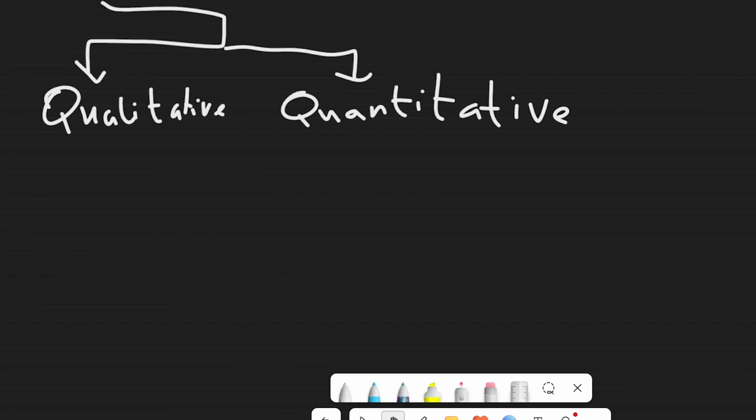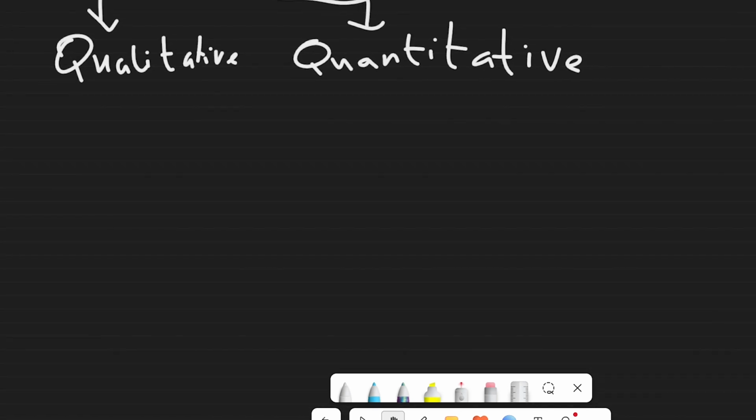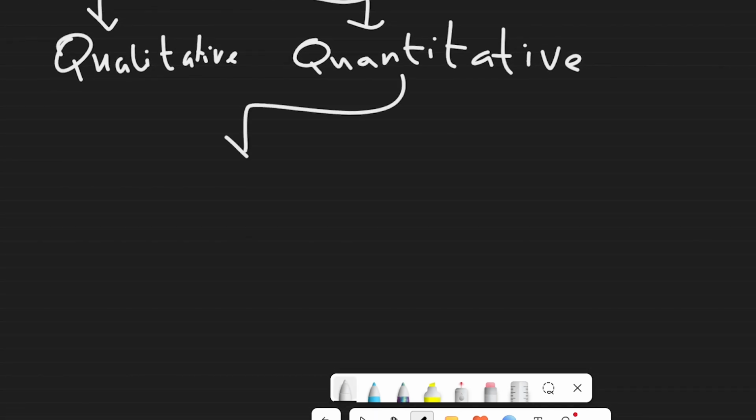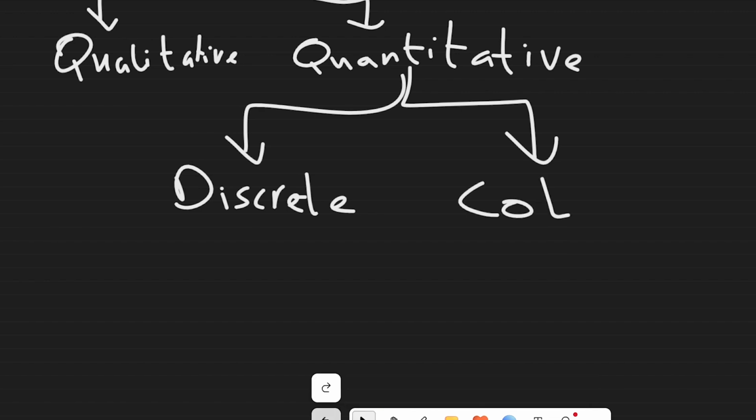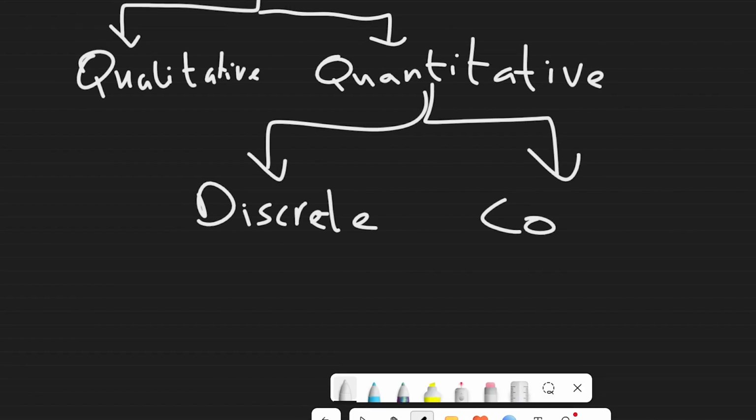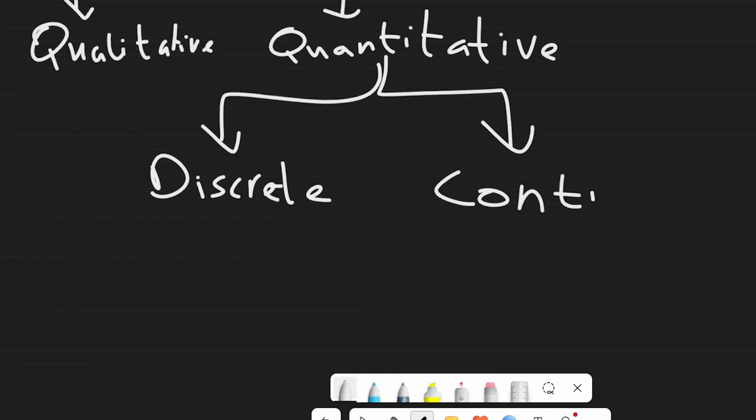The quantitative data can be further divided into two main categories: discrete and then continuous. So first of all, let's discuss these terms.